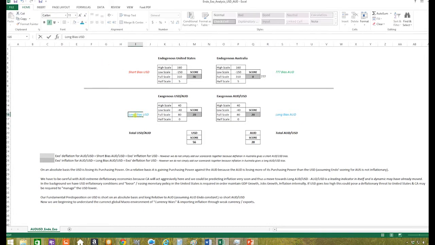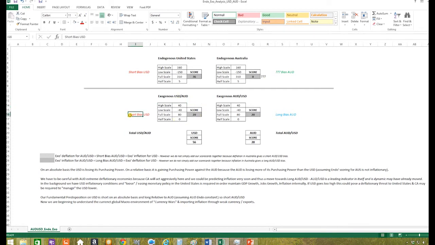So we would end up with a short bias on the side of the US dollar. And this number is now contributing positively to the overall analysis on this side. And that doesn't simply mean that we get deflation on this side.